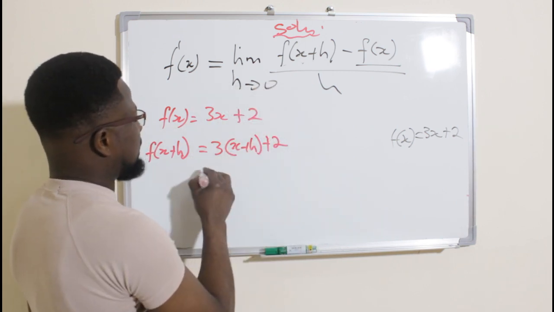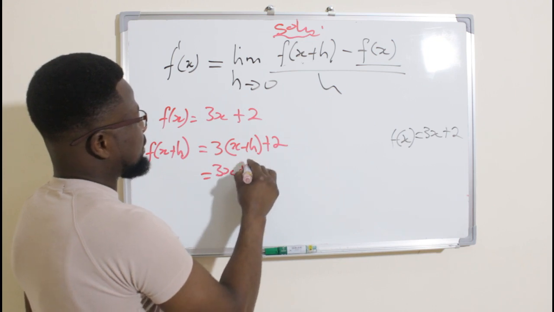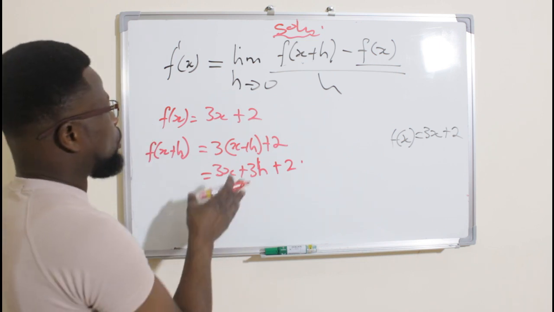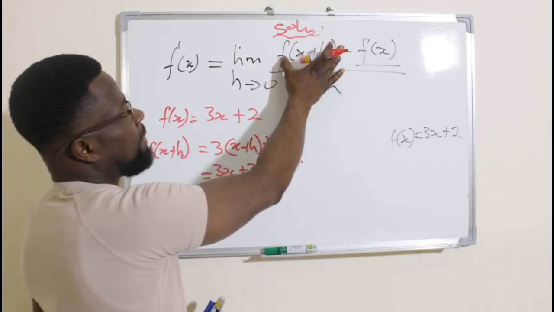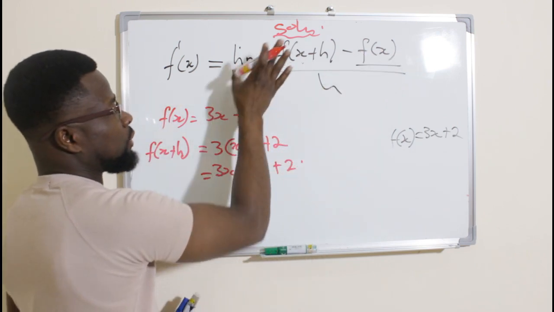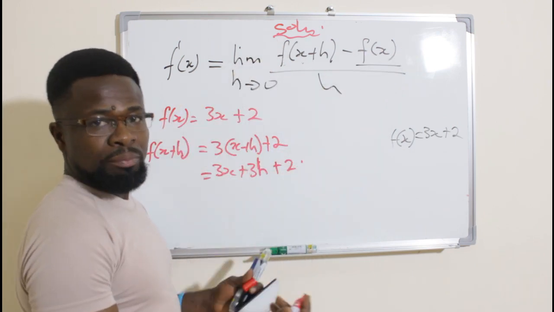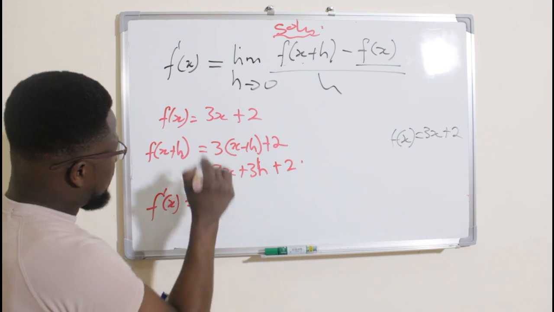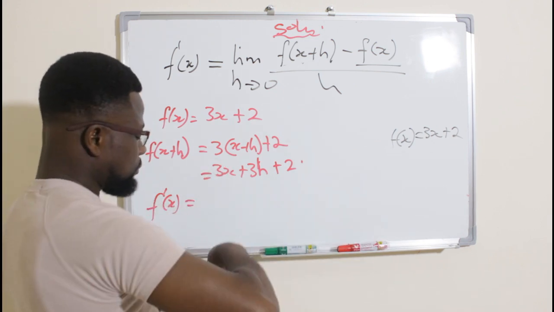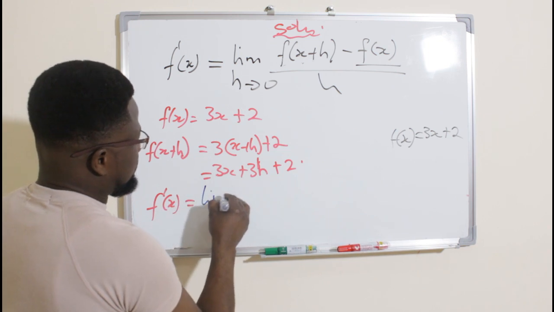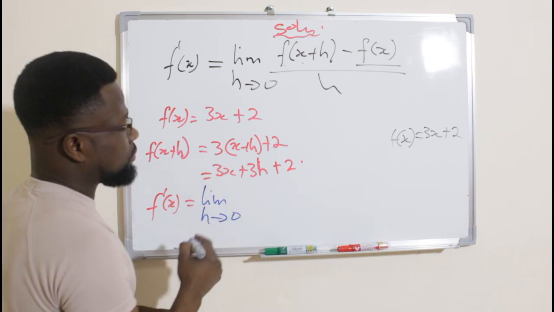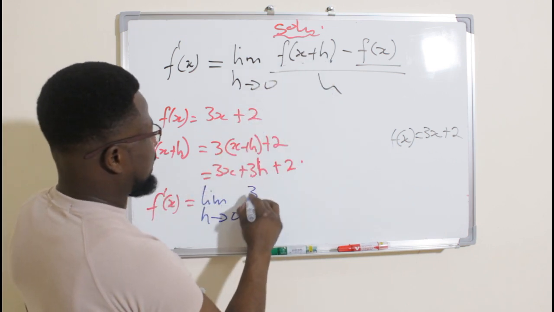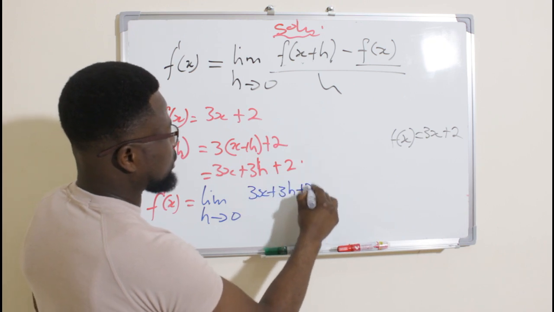Then I'm going to expand this and say it is 3x plus 3h plus 2. Now I have gotten the second part of the formula, so I can go back into the formula, do the substitution and simplify. So I'm going to have f prime of x now equal to the limit as h approaches 0. f of x plus h is this, so I'll write that as 3x plus 3h plus 2.